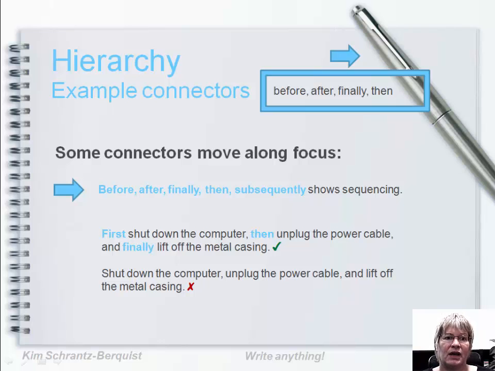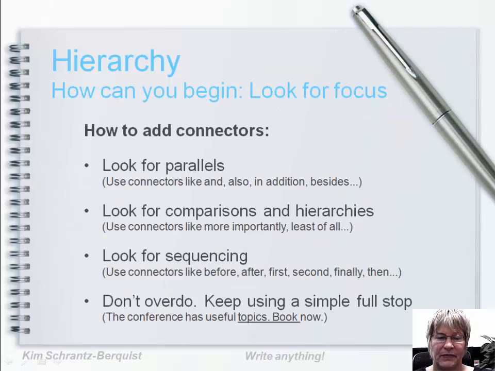Shut down the computer, unplug the power cable, and lift off the metal casing. Well, the last one on the slide doesn't have the same ring. It doesn't quite move you along, and moving along the eye is important in writing.